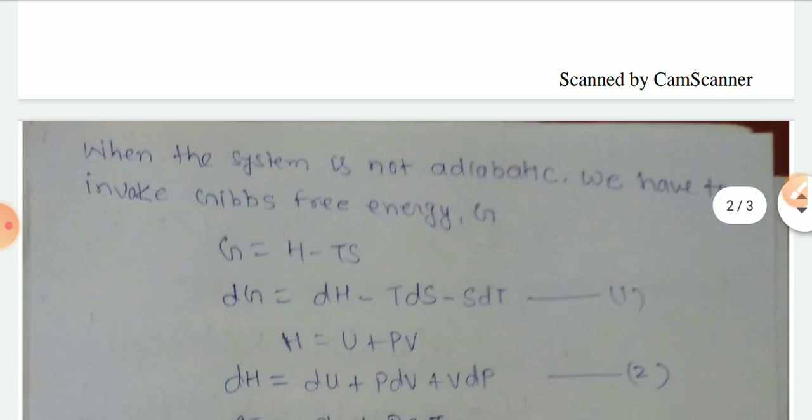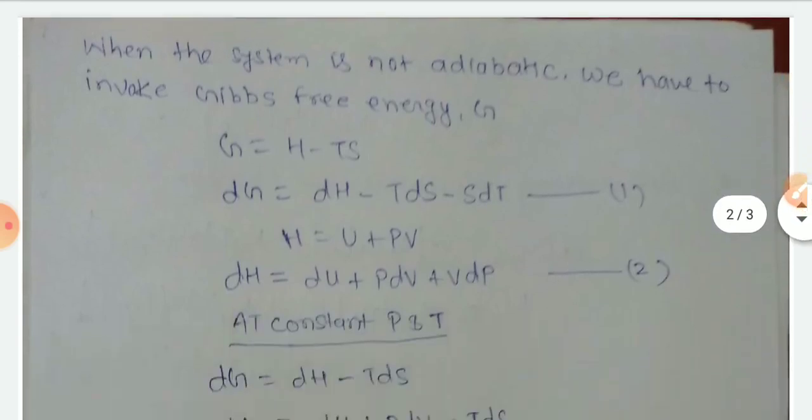Now when the system is not adiabatic, you have to invoke Gibbs free energy. Here I denote G as the Gibbs free energy.